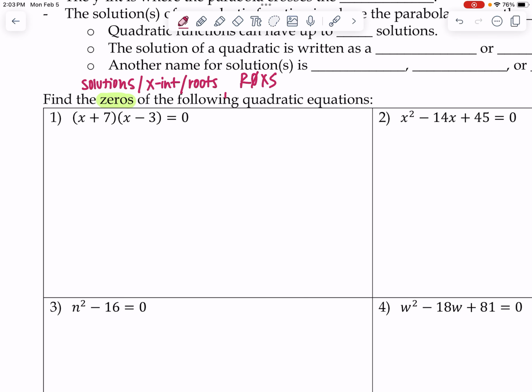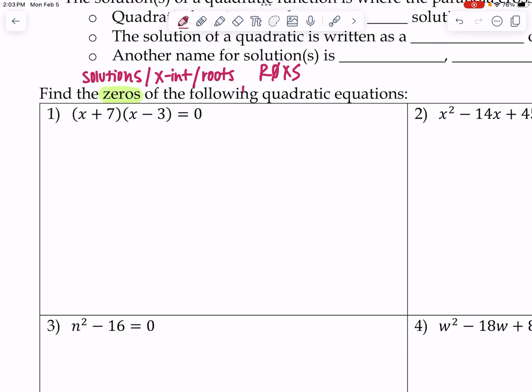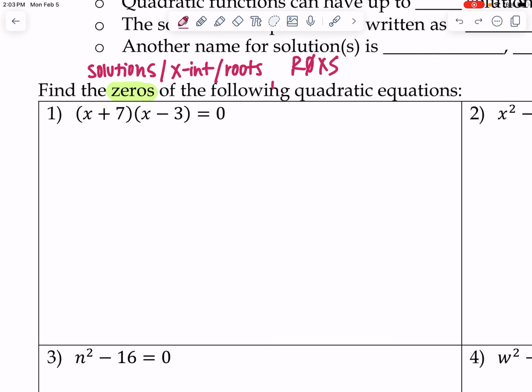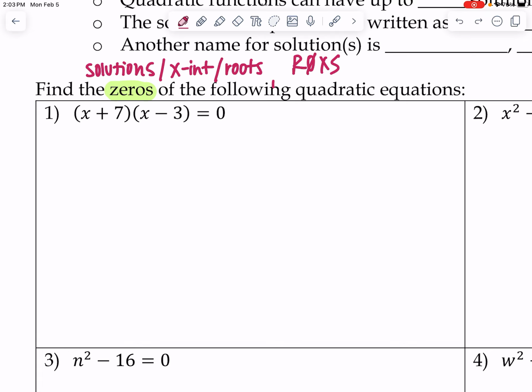The idea here is if you multiply two things together and it equals 0, one of those factors would have had to have been 0. 2 times 3 wouldn't get you a 0, but 2 times 0 gives you 0. That's called the zero product property, and that's what we use to solve quadratic equations.